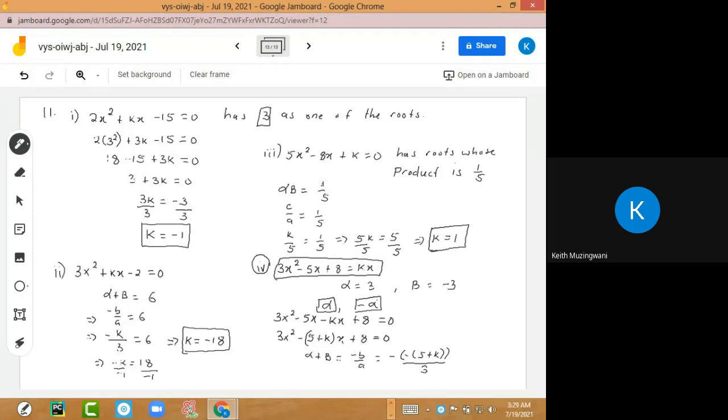This means that alpha plus beta, here we know it is alpha plus, the beta is negative alpha. So this is 0, giving us 5 plus k over 3. If you cross multiply, the 3 will disappear, and we'll get k is equal to -5. That's how you get that value of that guy.